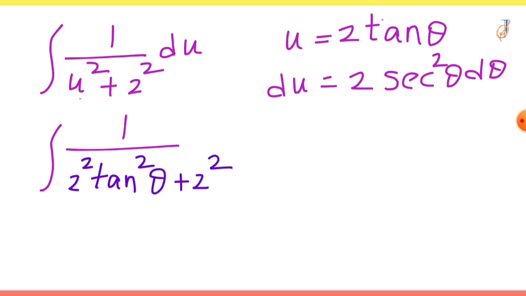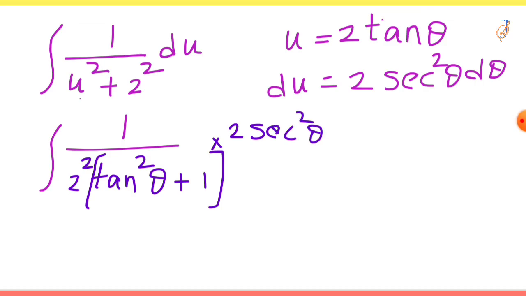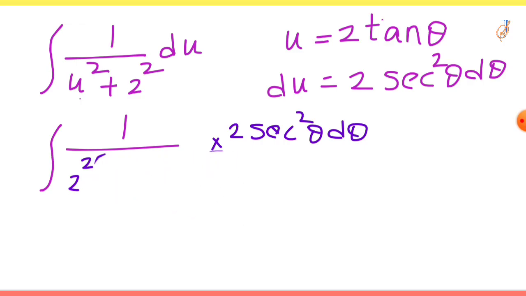If we take 2 power 2 as common, I will be left with tan square theta plus 1. du is nothing but 2 secant square theta d theta, isn't it? Here 1 plus tan square theta is nothing but secant square theta. So instead of 1 plus tan square theta, you can write secant square theta.